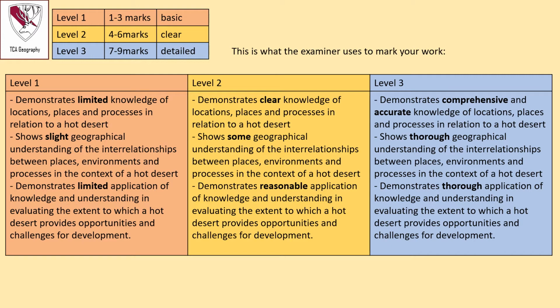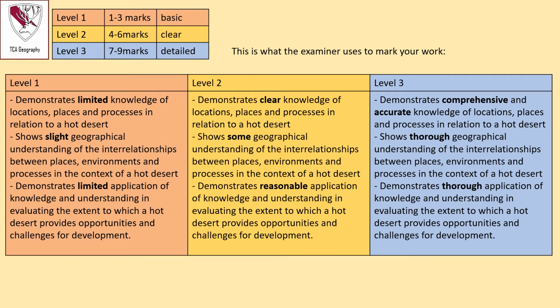For level 1, shows slight geographical understanding of the interrelationships between people, environments and processes. For level 2, shows some geographical understanding. And for level 3, shows thorough geographical understanding of the interrelationships between peoples, environments and processes.